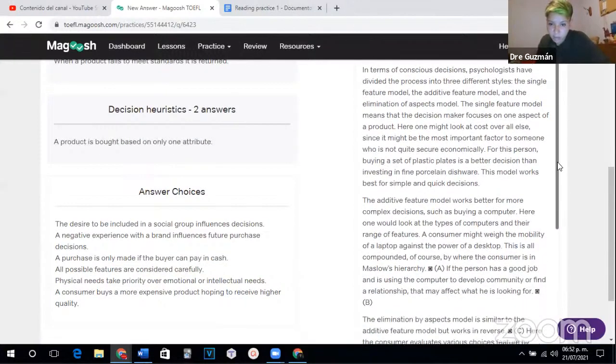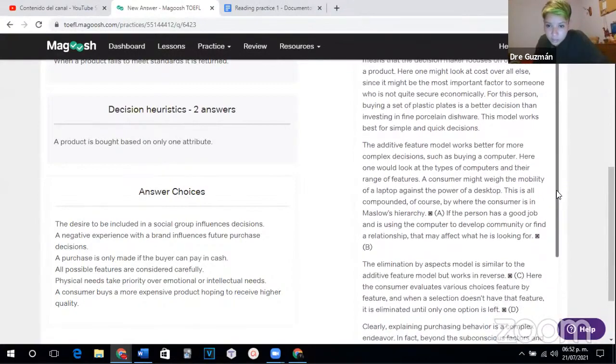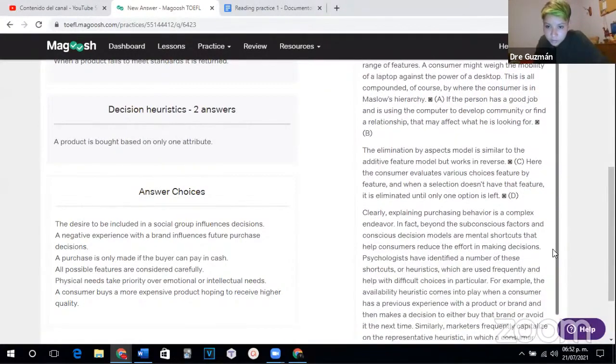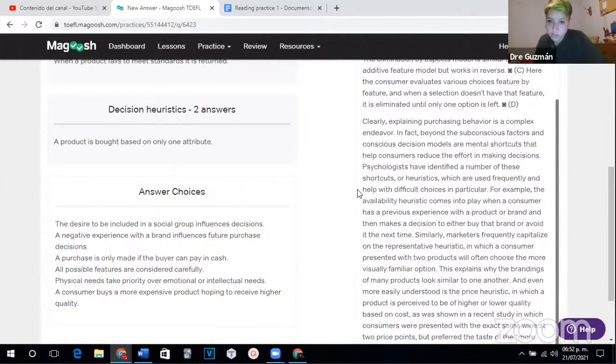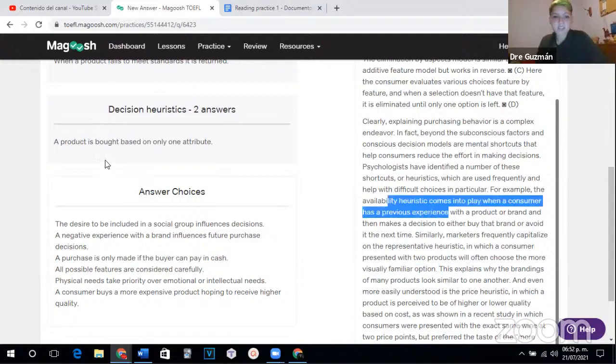And if we go down to this paragraph, shortcuts are heuristics, which are used frequently and help with difficult choices in particular. And in various points, it explains how people tend to choose a product for only one thing, like a visually familiar option or a previous experience with a product. So I think it's this one, it's here.